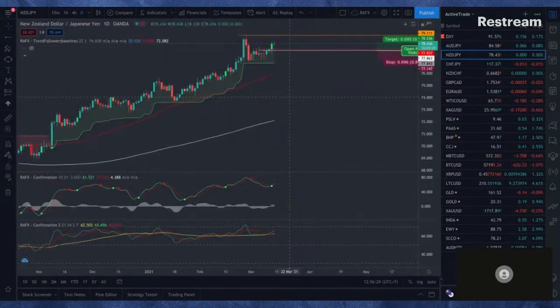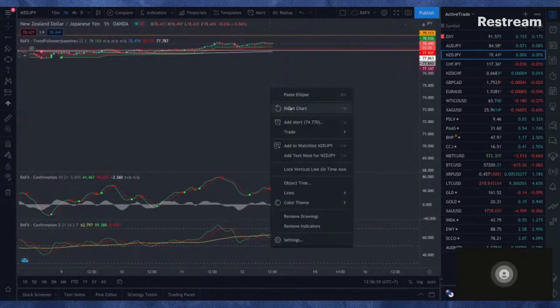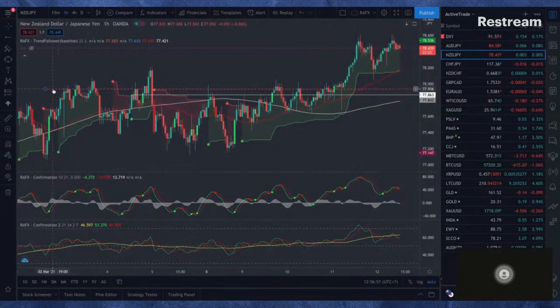So my next position to discuss is NCD-JPY, and this is the one pair that I said earlier that I already exited my first half, wherein it reached the 78.536 price earlier. So I need to get out of the trade for my first tranche and move my stop into this position.